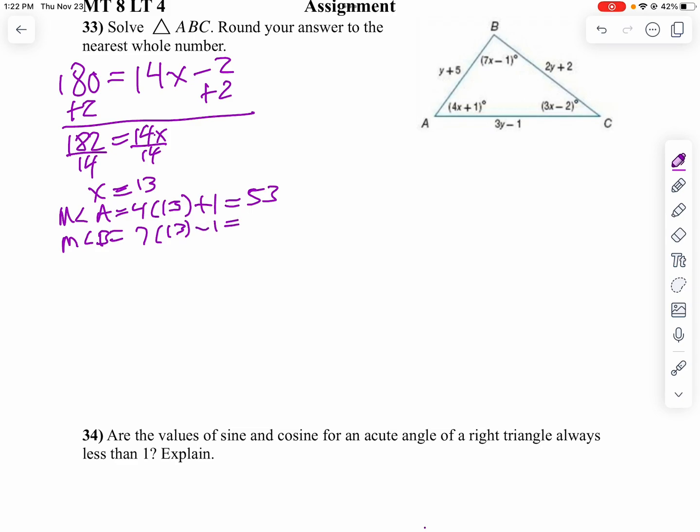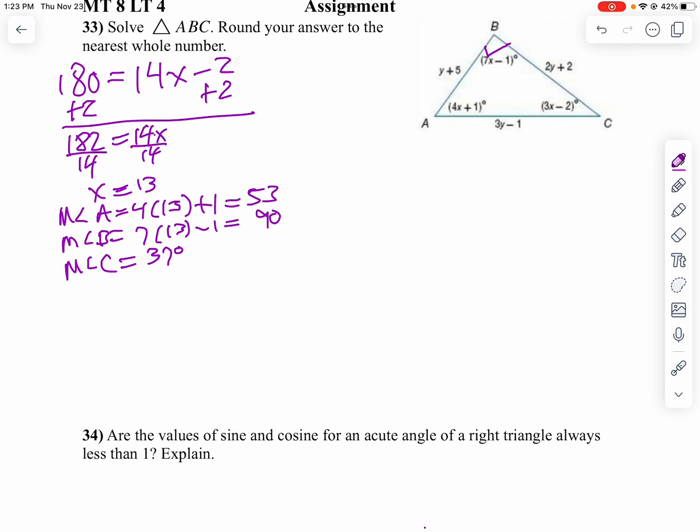Well, 7 times 13 is 91, minus 1 is 90. That's a key one that's going to help us out here. So we know that angle is 90 degrees. I didn't draw that very well. Let me retry that. There we go. And then the measure of angle C, I could take 90 minus 53 and I'll get 37 degrees. That doesn't look very nice. I'm going to rewrite 37.